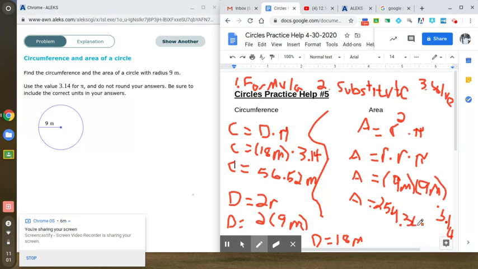Now, our unit here, a meter times a meter, well, that gets us a meter to the second power. And you're going to notice that's why we have to use this power of 2, is 2 meters showed up in the formula, while in circumference there's only 1.